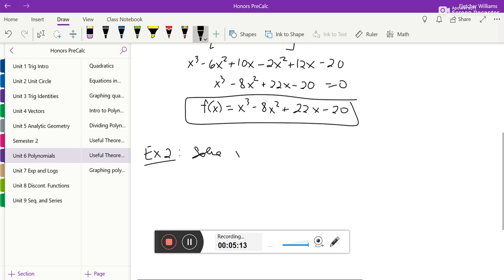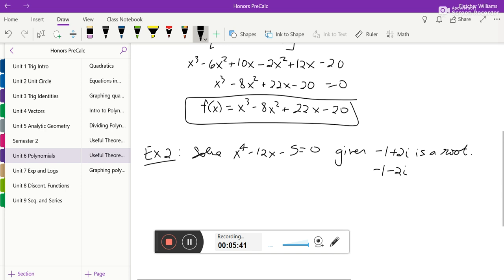Solve x to the fourth minus 12x minus 5 equals 0, given that negative 1 plus 2i is a root. Well, if you know that's a root, then you also know that negative 1 minus 2i is a root by the conjugate root theorem. And since it's a fourth degree polynomial, we have 2, that means we're only missing 2.